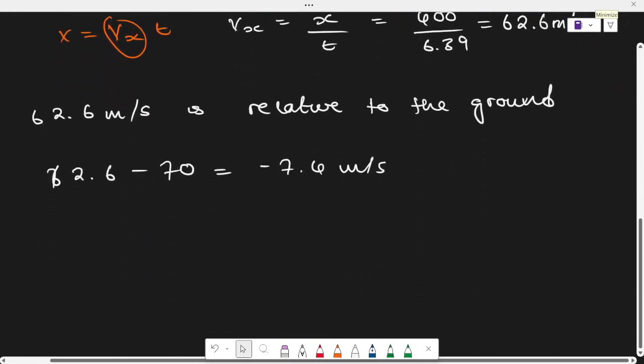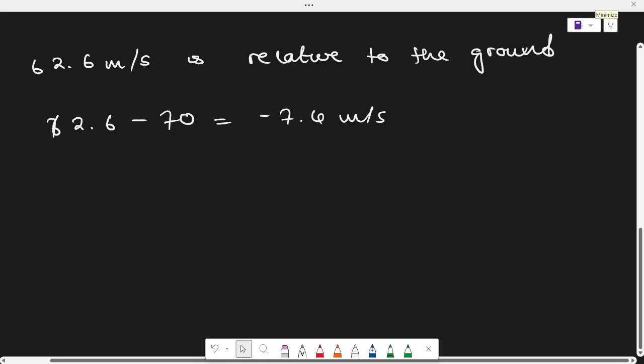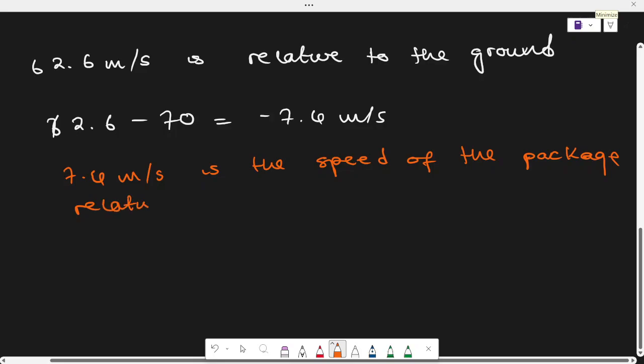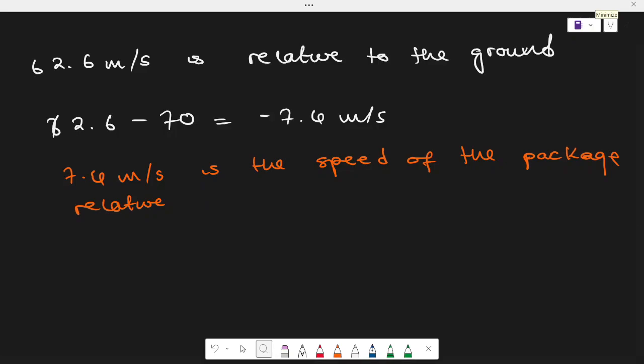All right. So in short, what we're saying is that 7.4 meters per second is the speed of the package relative to the helicopter.